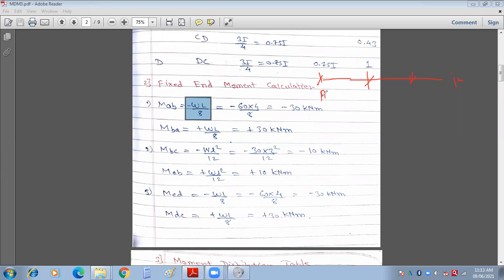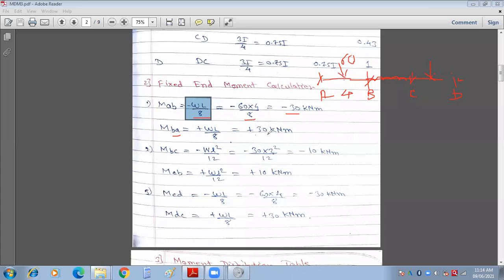Instead of the frame, I have straightened it out as a beam A, B, C and D. Over the member AB there is a point load, over the member CD a point load, and for the member BC it is a UDL. For a fixed beam which carries a point load at the center, the fixed end moment is WL by 8. The value is 60 and the span is 4 meter, therefore 60 into 4 divided by 8, the value is minus 30 for AB.